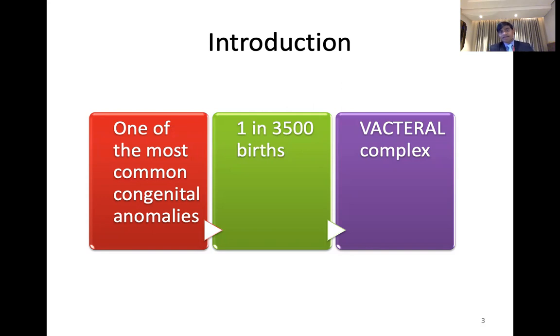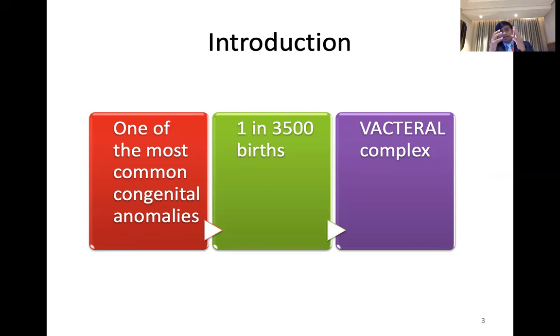The infants classically present with respiratory distress, feeding difficulties, and choking, and there is a risk of aspiration. It is most commonly associated with some other congenital anomaly, particularly cardiac defects.